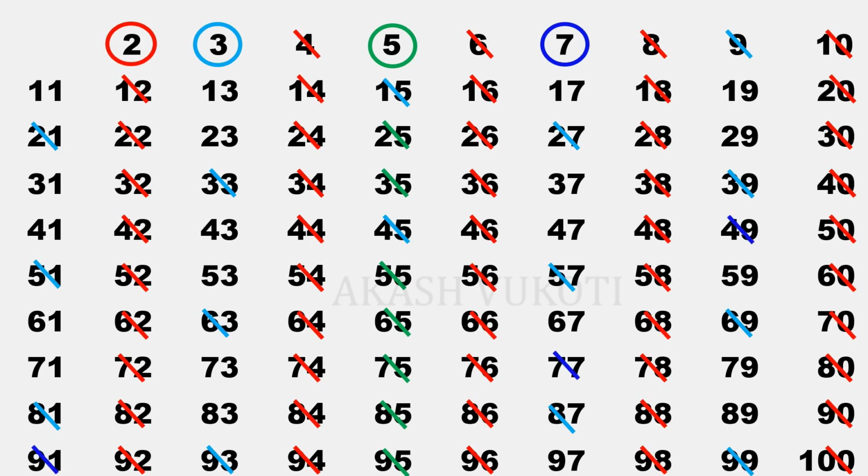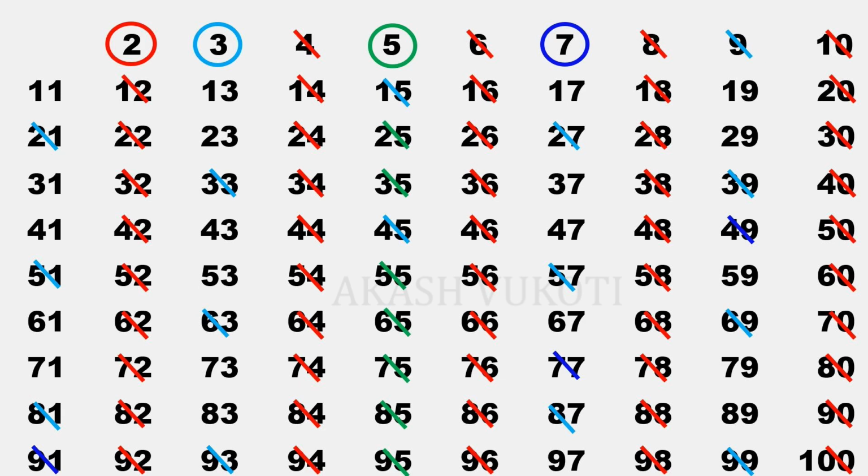So now we have, in fact, completed it. As you can see, now every single number that is left has already been crossed out. So now we can take a look at the 25 remaining numbers, all of which are prime.